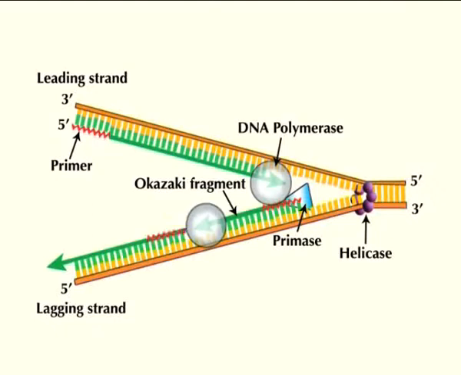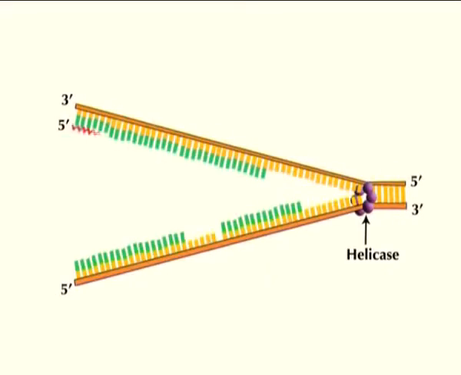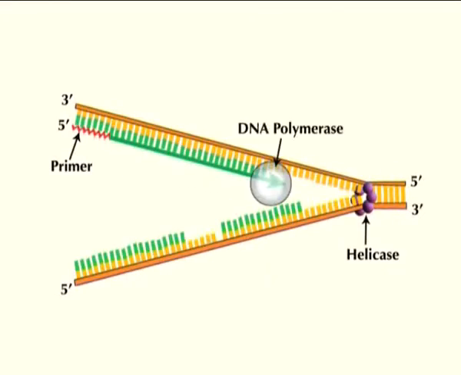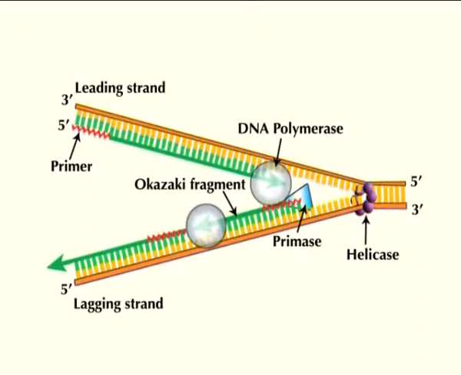When more bases of template DNA open up and the size of the fork increases, a new primer is synthesized and gets annealed at the 5' end of the fork, and the entire process is repeated until the polymerase has reached the first primer.